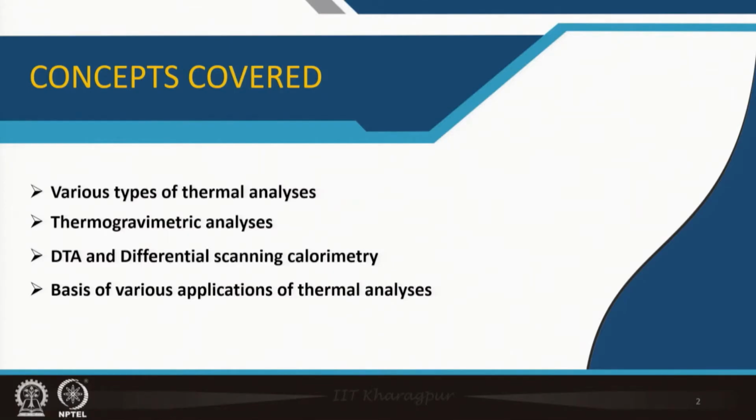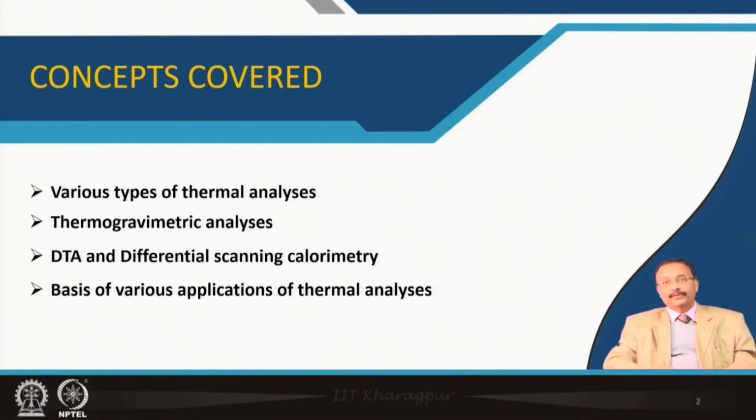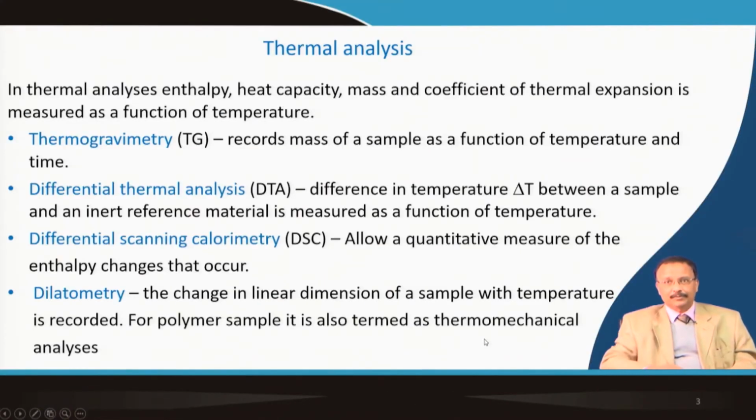So, various types of thermal analysis first will be introduced, and then we will concentrate on thermogravimetric analysis, followed by differential thermal analysis and differential scanning calorimetry. These two important characterization tools will be described, and various applications that are possible using this thermal analysis will be covered in this particular lecture.